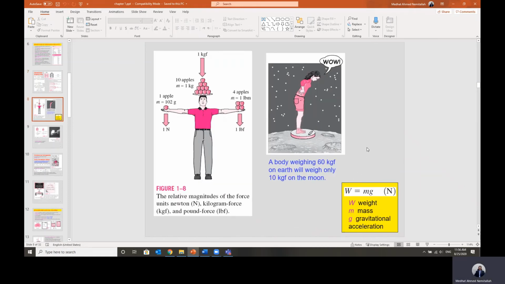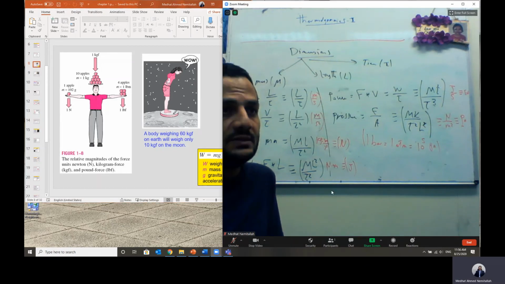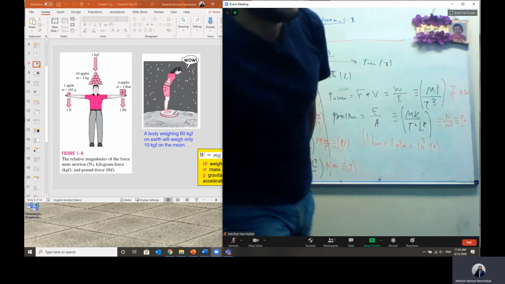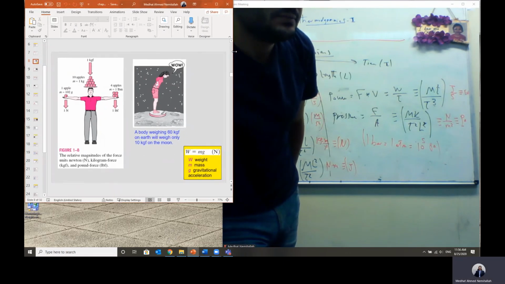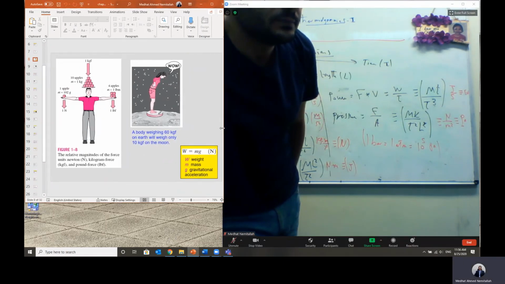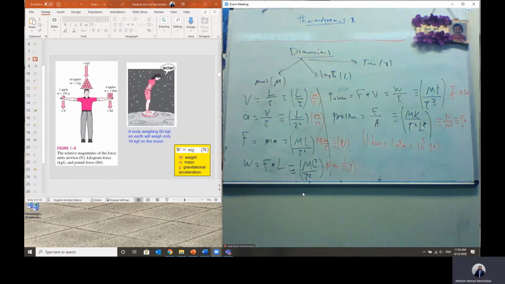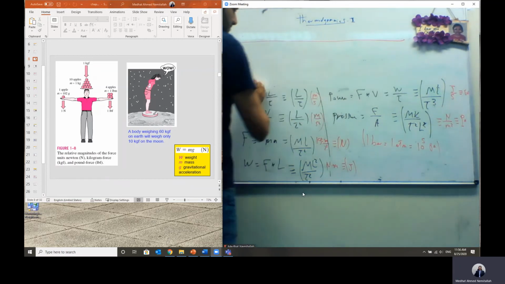There is also another property, which is the weight. The most common example is the weight of our body or something. So weight is mass multiplied by gravitational acceleration.